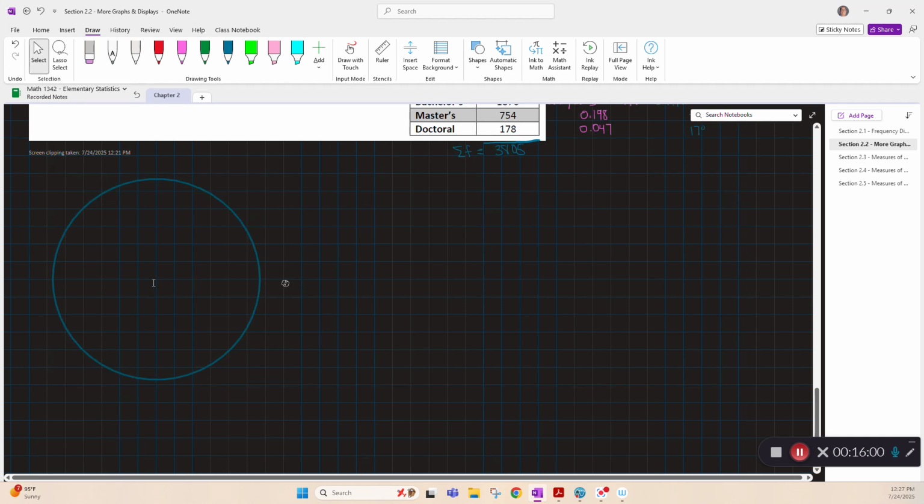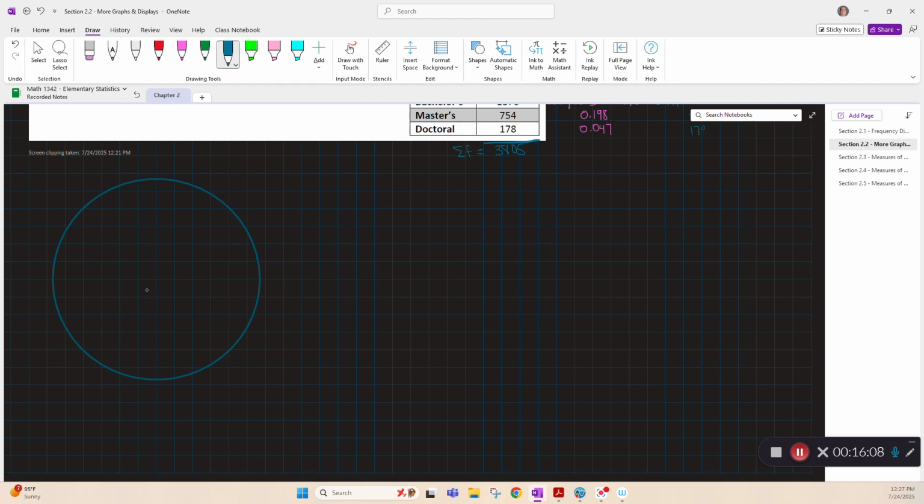I like to put a dot in the middle, because that's where everything is going to start from, right smack dab in the middle. Okay, so now I can start by drawing a line out here.